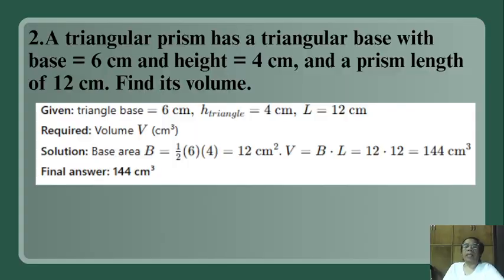So we're given the triangular base 6 centimeters, the height of the triangle is 4 centimeters, and the length is 12 centimeters. Required: the volume. Area of the base is 1/2 the base times height. Substituting the triangle base and the triangle height, the answer is 12 cm².